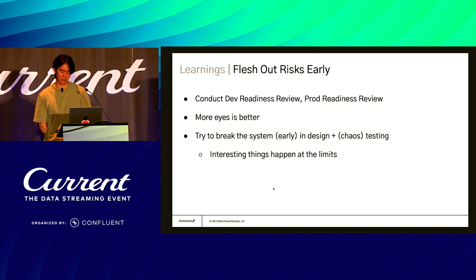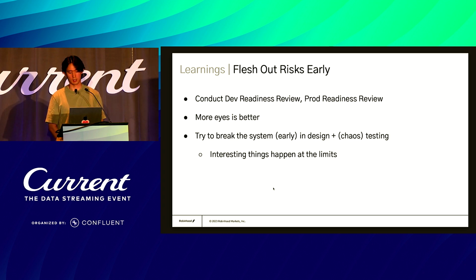Also, we ended up fleshing out a lot of risks earlier on. We conducted dev readiness reviews before launching in our pre-prod environments, but also prod readiness reviews, so that when we launch in prod we don't cause unforeseen reliability issues. We roped in not only our team, but our container orchestration team, which manages our Kubernetes clusters across the board, as well as other teams that manage the underlying nodes themselves.